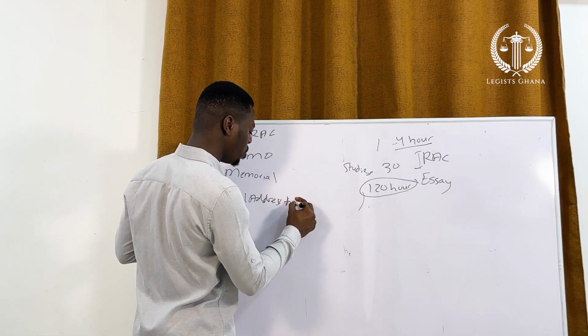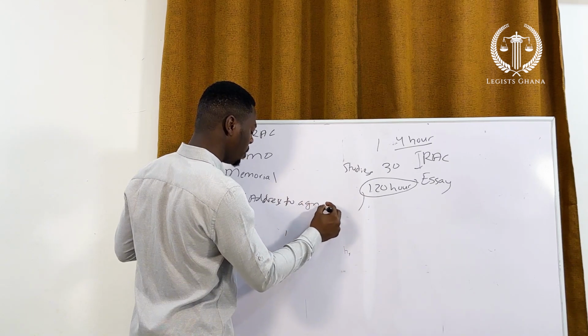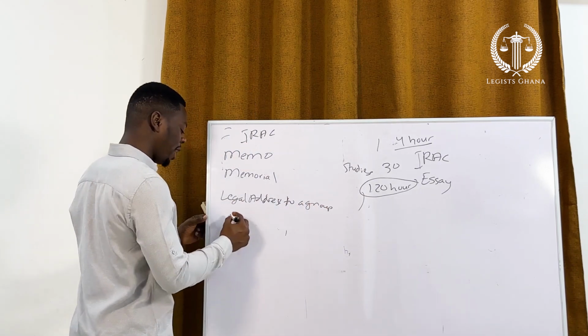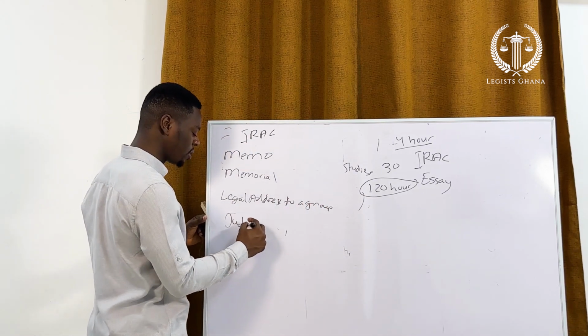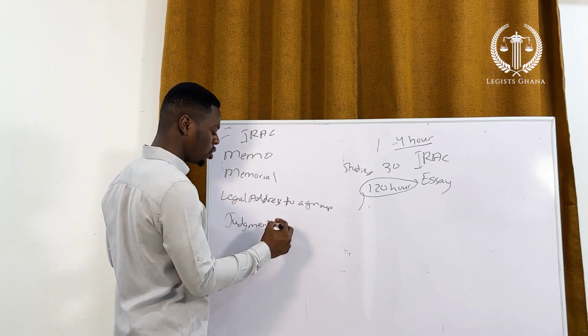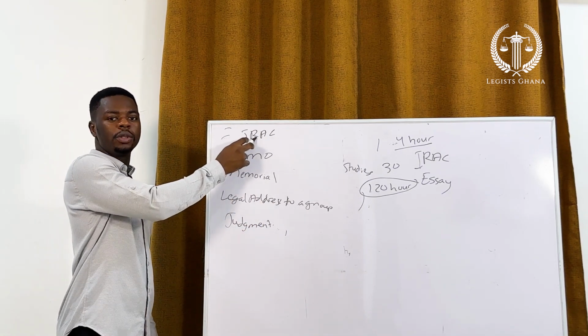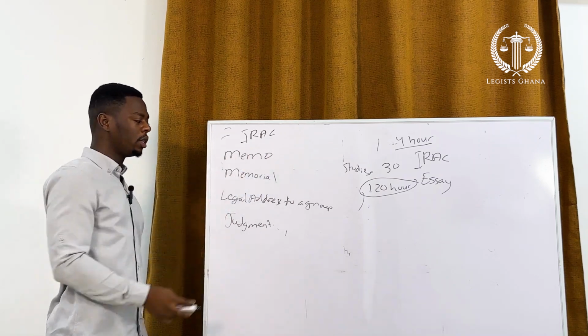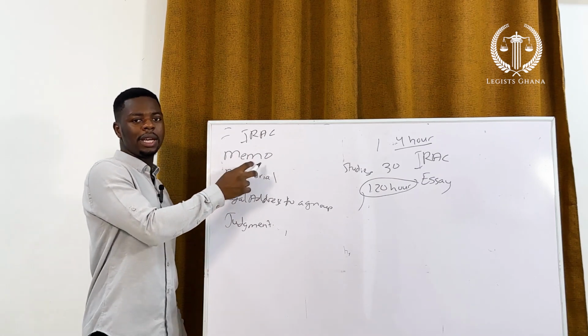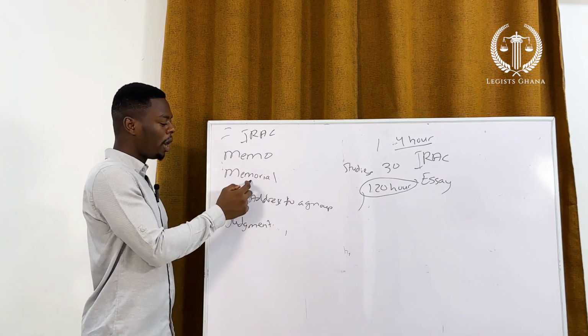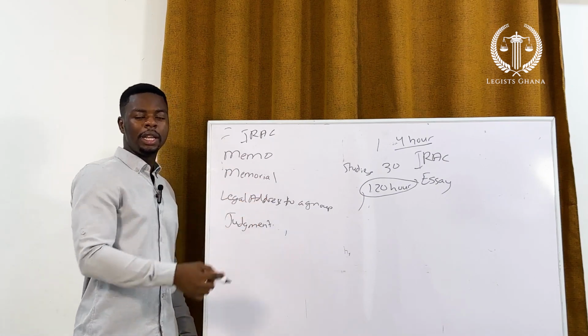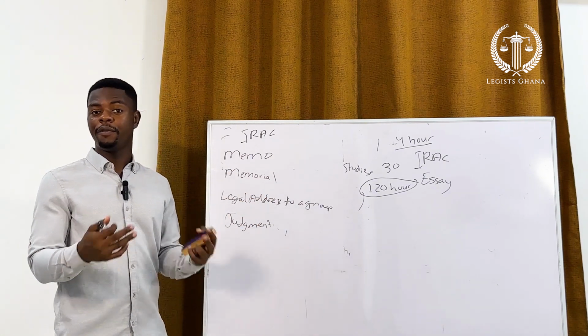So a legal address to a group, or even you can be told to write a judgment. So of course, as I said, the IRAC is the issues, the rules, the application, and the conclusion. But then with the memo, there's a different strategy. With the memorial, there's a different strategy. They just simply have a different format.